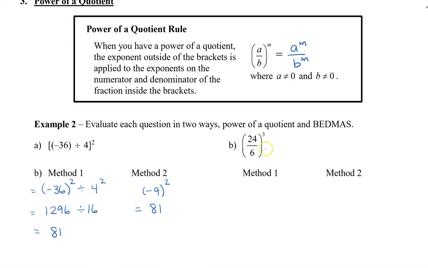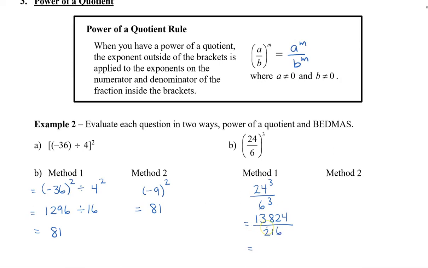So method 1, we're going to apply the power of a quotient. So we get 24 cubed divided by 6 cubed. And this one we definitely need to go to a calculator. So 24 cubed is 13,824 divided by 216.